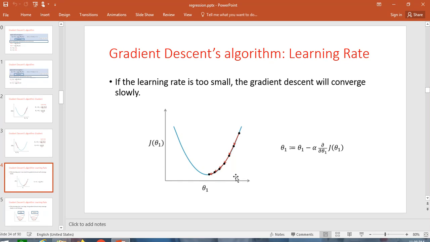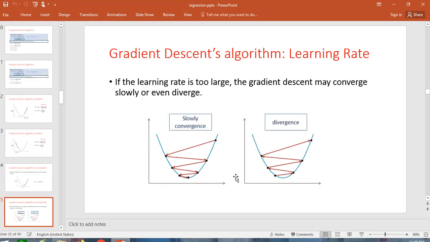As you can see, the second step is smaller than the first step because the slope at the second point was less than the slope at the first point. The concept of jumping over the optimal point is clear in the figure. Here we have outlined some steps just to understand the issue.